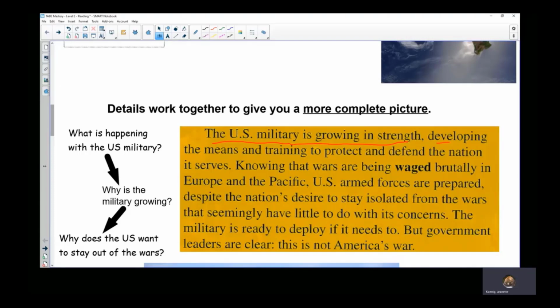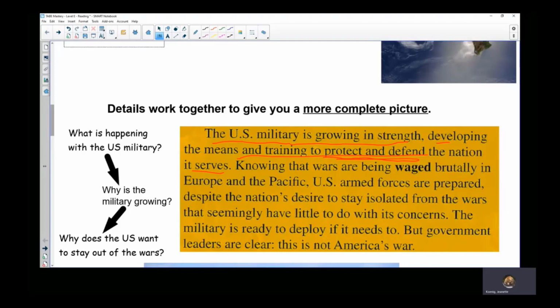Okay, so they're growing in strength, and then if you want to go a little farther, you can say, well, they're developing the means and training to protect and defend the nation it serves. What does it mean? Well, let's look for some keywords. Protect and defend, that you probably do know. Means, that may not be something you see in your vocabulary a lot, but they're developing something to protect and defend the nation it serves. Yes, ma'am? And the military is supposed to protect and defend us.